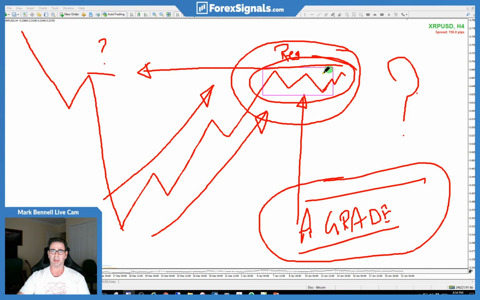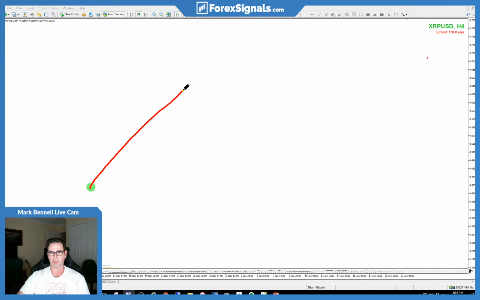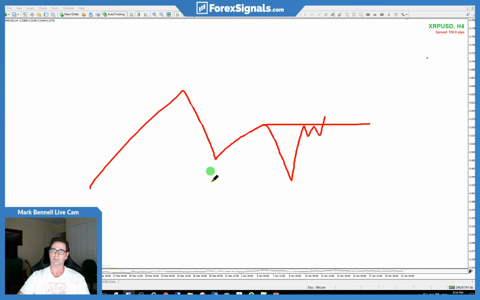Can it appear just in the middle of nowhere? It can, but chances are there's going to be a technical level here somewhere that it's respecting. So even down to a large ABC right here at B.